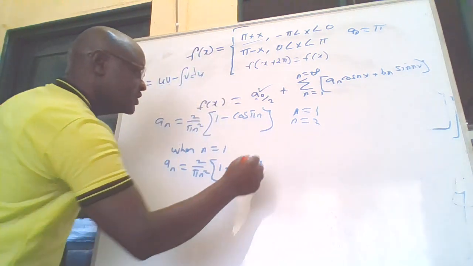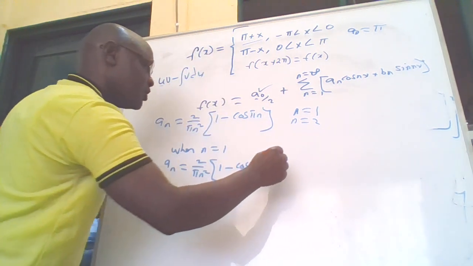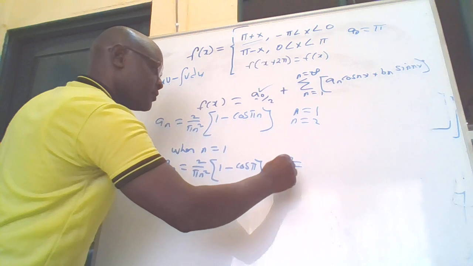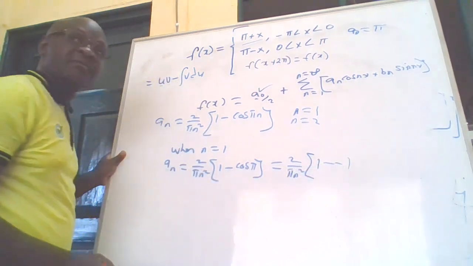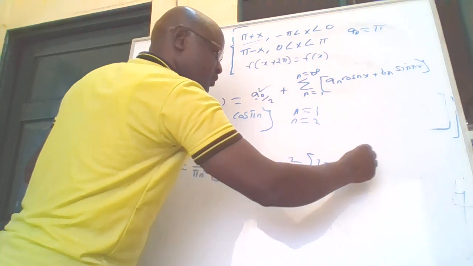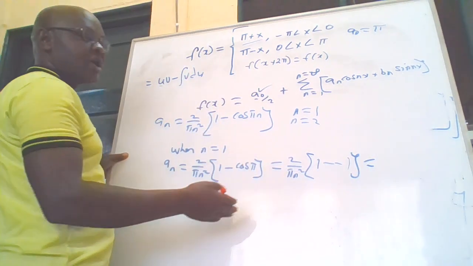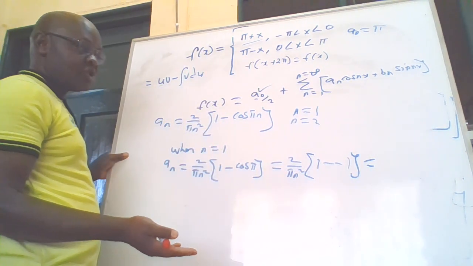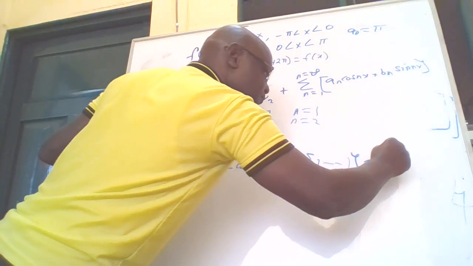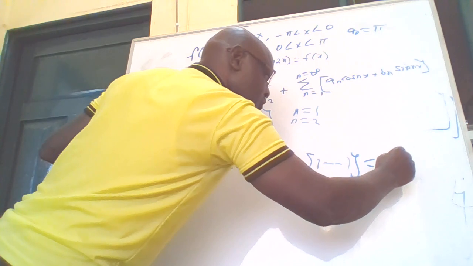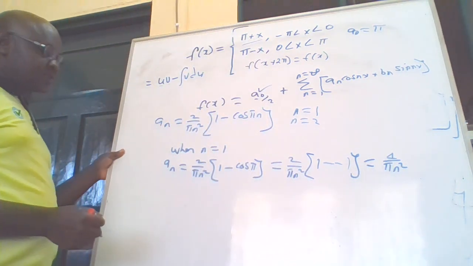Therefore, this will be equal to 2 all over pi n squared into now 1 minus negative 1, which is now positive. So it will be now 2 times 2, which is 4 all over pi n squared.